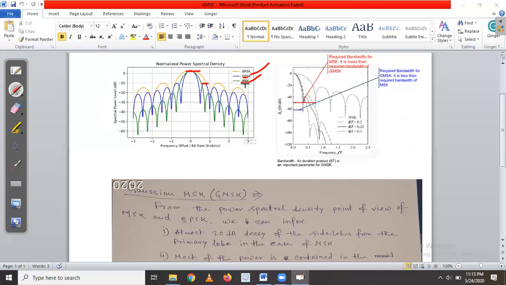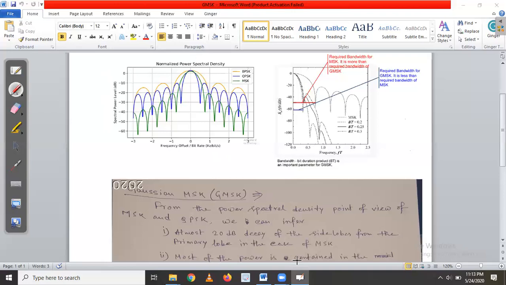So you can say MSK is much more power efficient compared to QPSK, but MSK is not as bandwidth efficient as QPSK.